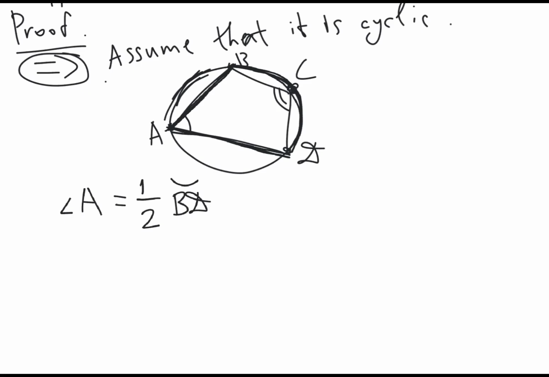And similarly, the angle C is equal to half of the arc BD. In this case we need to write the arc with three letters, to know in which direction it goes. Because there is this arc BD and there is this arc BD, small and large.